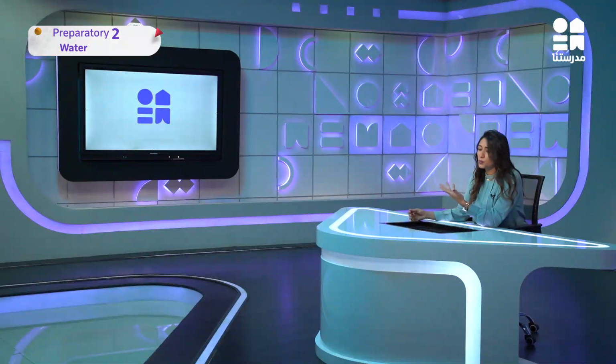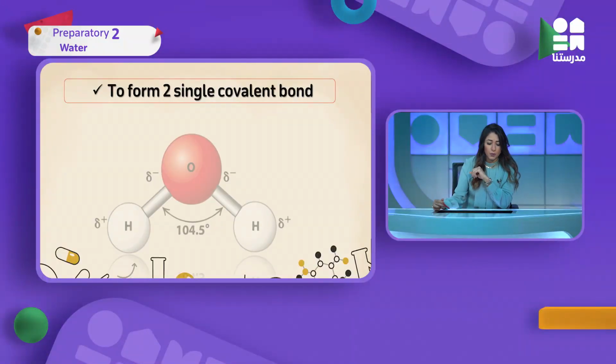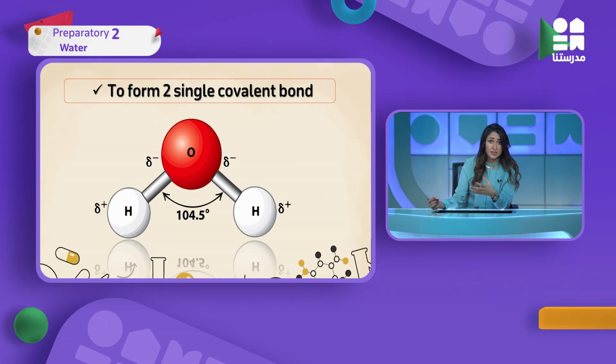And we will learn later on how to draw the structure of water. طيب, to form 2 single covalent bonds, this is the water molecule.